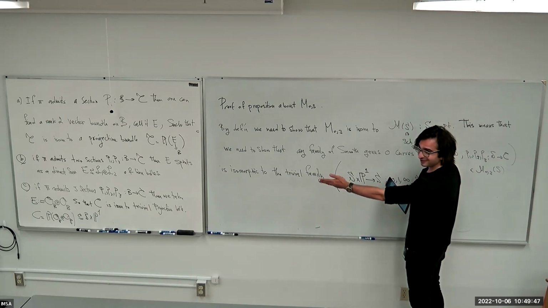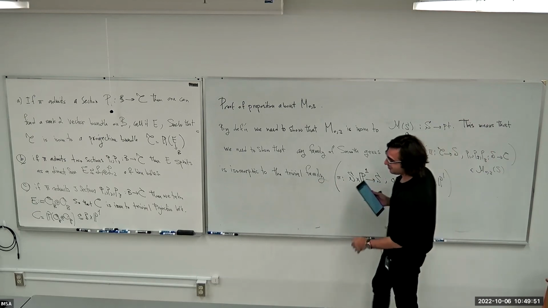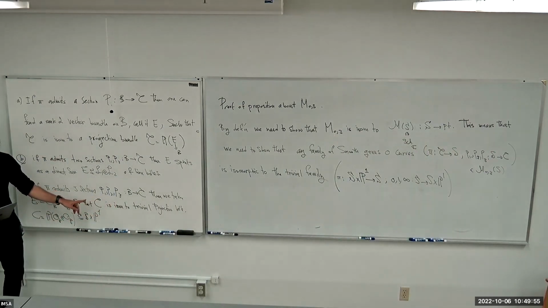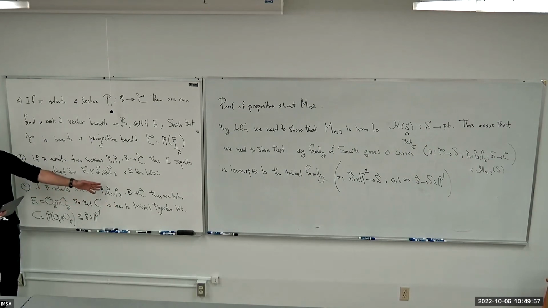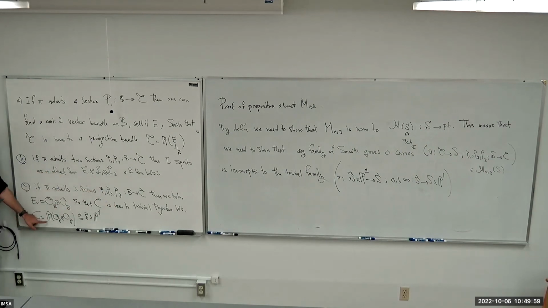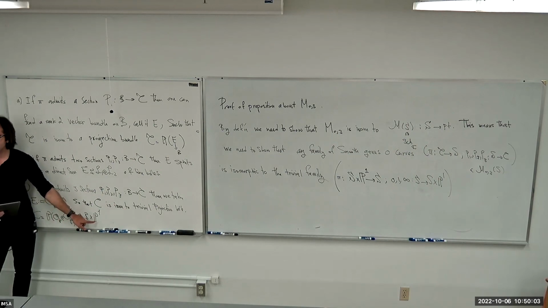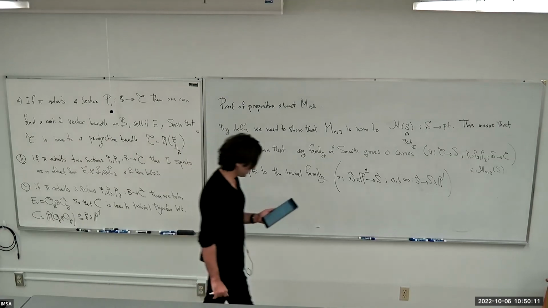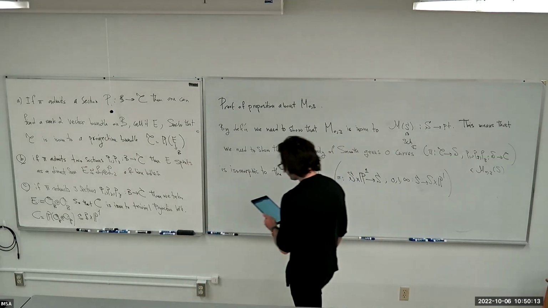But you see, it's almost immediate from that statement, right? A trivial family of curves with 3 markings over base B is the projectivization of O plus O, and it is B times P1. Now your family is going to be S times P1. So after you prove this lemma, it's immediately implied. Okay? So it's the trivial family.